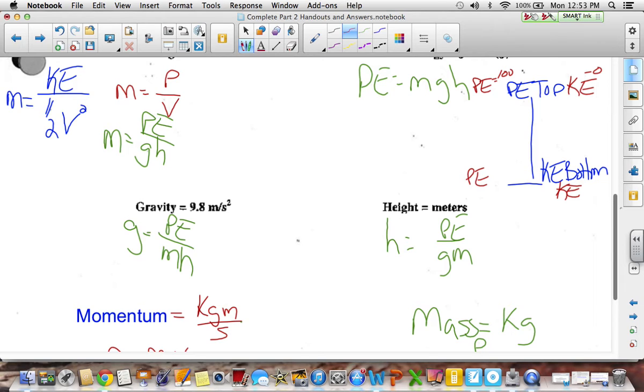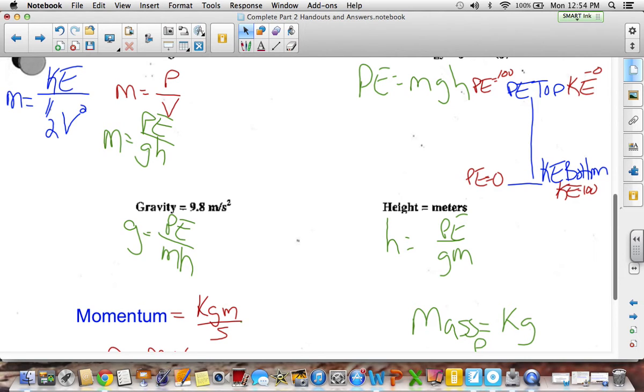It's not doing anything, it's standing at rest. Once the object lets go, the potential energy goes from 100 to 0. So at the bottom, once it's hit, there is no more potential energy. It has stopped. And the kinetic energy then goes to 100. So you're transferring all of the potential into the kinetic.